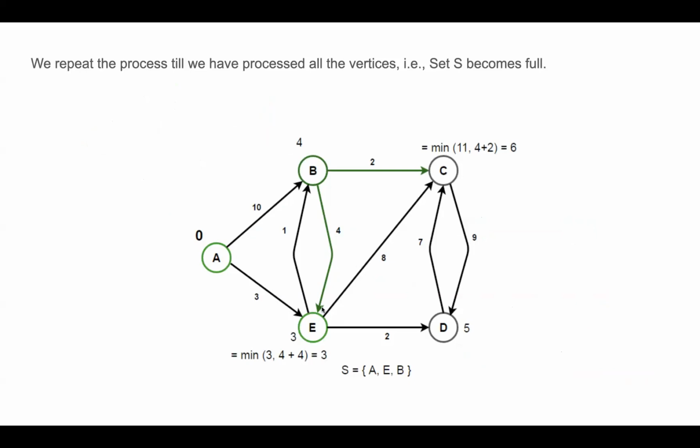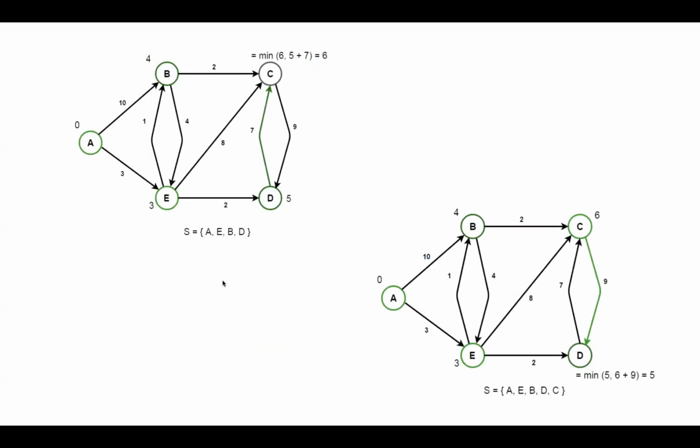So next, the source vertex we are going to consider is D, and that is added in this set: A, E, B, D. Okay, we are considering D here. So what are D's neighbors? Only D to C, because only one outgoing edge is there from D to C. The minimum of 6 and 5 plus 7, because D is already 5 and this is 7.